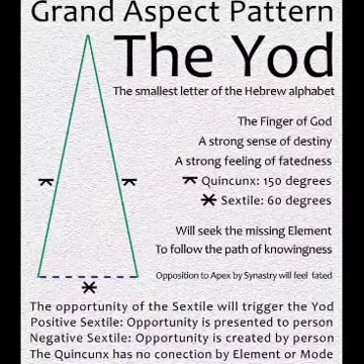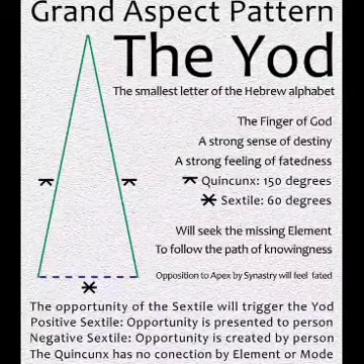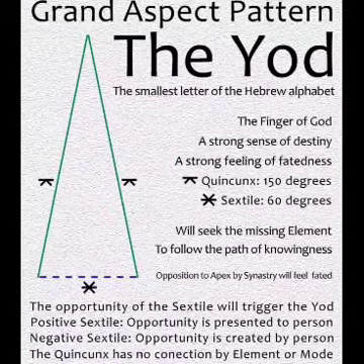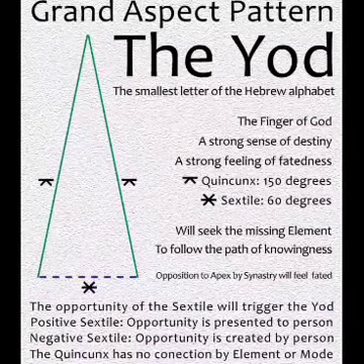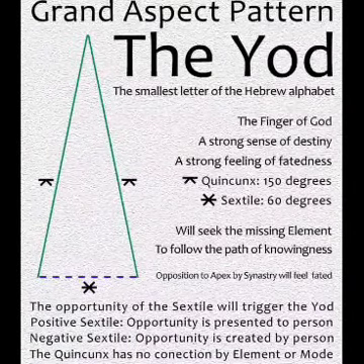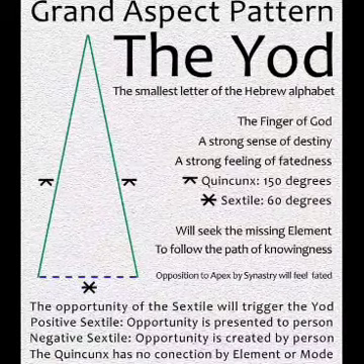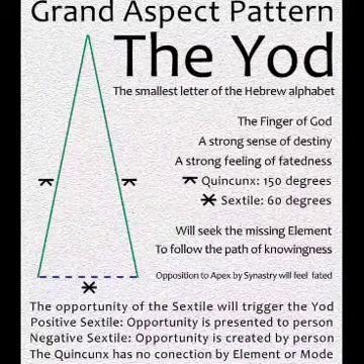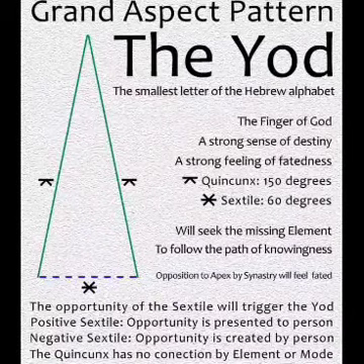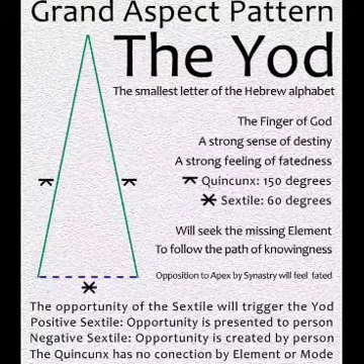And usually the sextile energy will be two houses apart, like the ninth and the 10th house, right? That's where the two planets will be sitting, creating a sextile, but they're being affected by that quincunx energy.